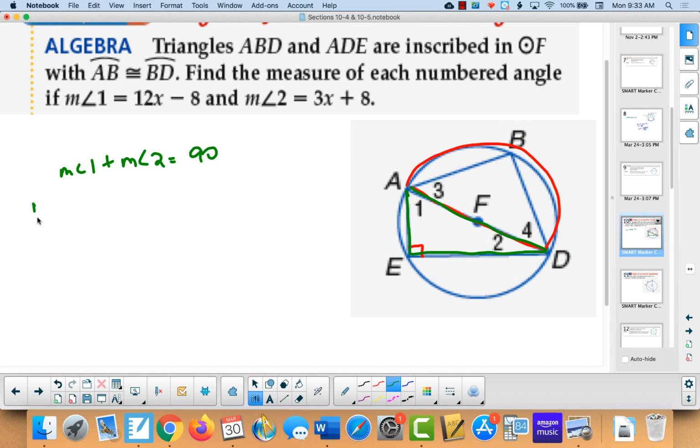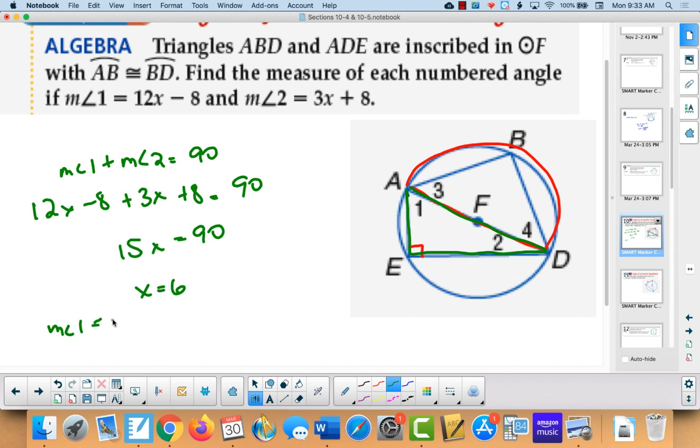So we can make that equation: 12x minus 8 plus 3x plus 8 equals 90. So x is going to equal 6. And then we can plug that in. So the measure of angle 1 is going to be 12 times 6 minus 8.